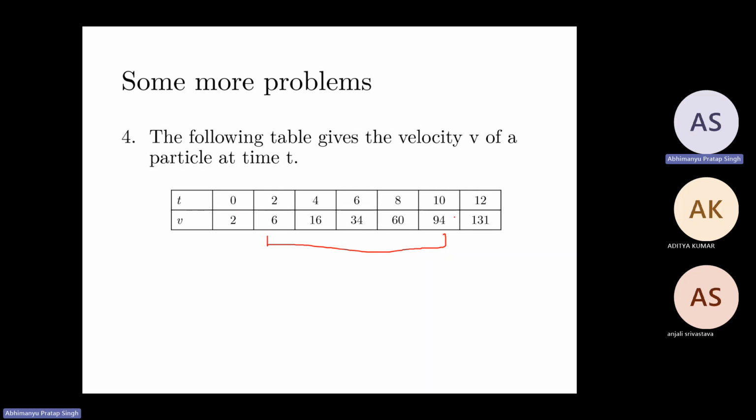For this end point, you need to use the forward difference formula because you have no point before this. And similarly, for this end point, you need to use the backward difference formula because you don't have any point after this. I hope this is clear.